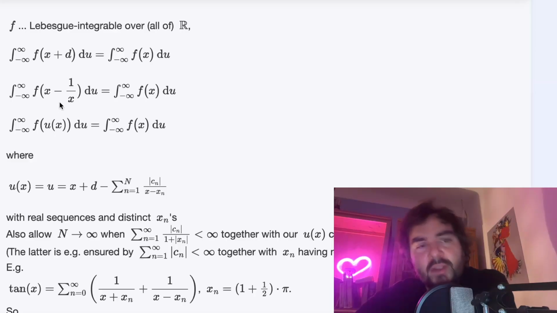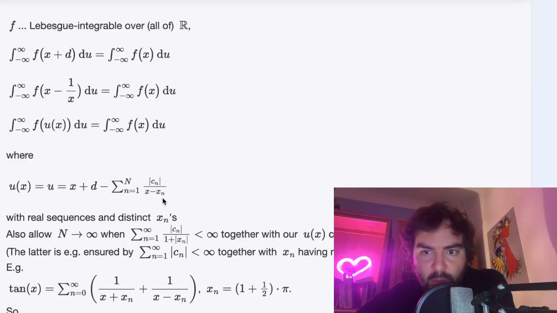And what's more, you can play around with the offsets and put some constants in there. It turns out these constants don't really change the integral either. So you can integrate over a general transformation u of this form, and it will still be invariant.